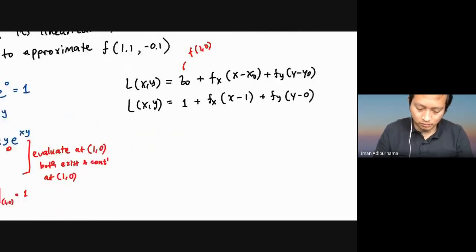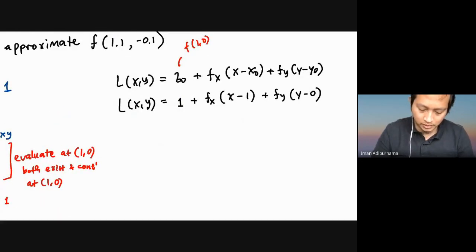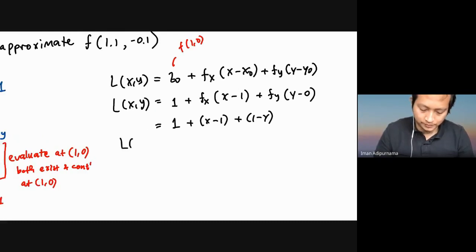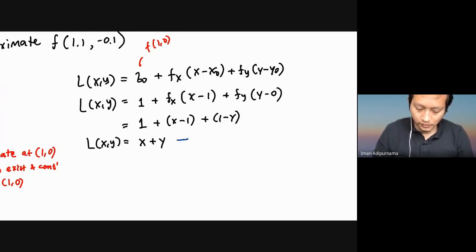So we can place them in our equation here, solve this, and this is our linearization.